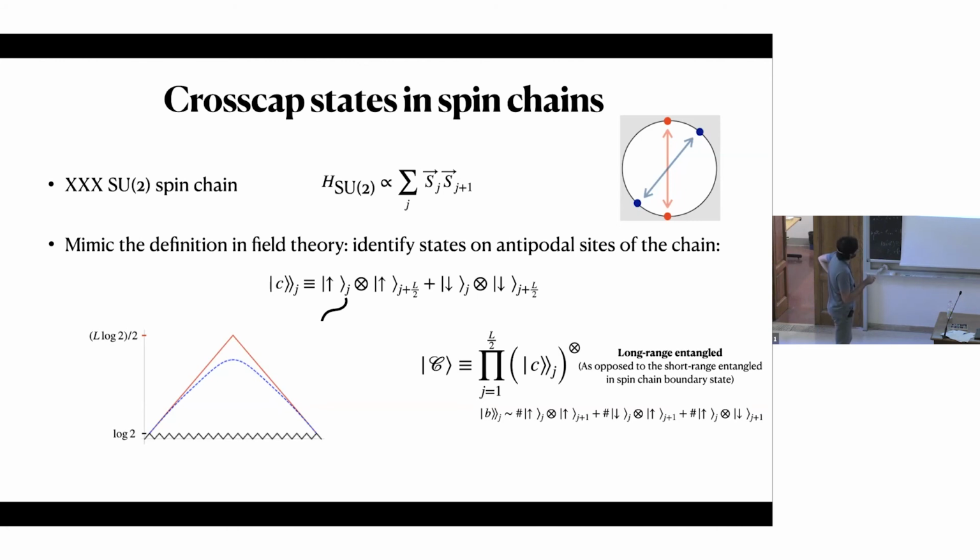So if you compute, for example, the entanglement entropy in some subregion, you see that it's always very small. Whereas in this case, the state is actually long-range entangled, which means that as you increase the region where you're computing the entanglement, it grows until half of the system size, where it reaches the maximum, and then it decreases. And this dashed line is a generic chaotic state.